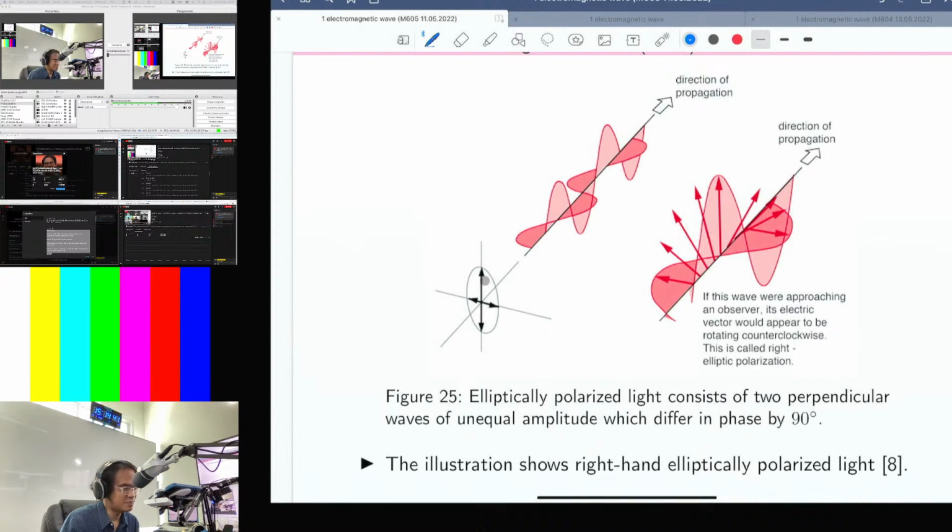The shape is elliptical. ก็คือภาษาไทยก็เรียกว่าวงรีนะครับโอเคไหม The shape of the rotating E field is elliptical.